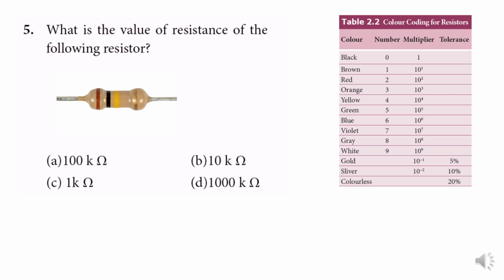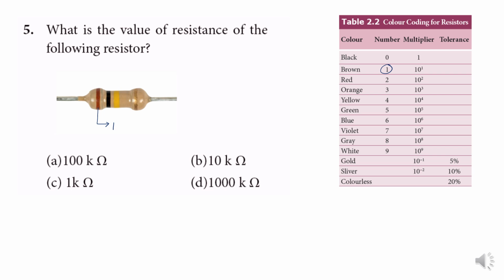Question number 5. The concept is similar to the previous problem, but here the color rings are given and you are asked to find the resistance value of the following resistance. So the first color band is brown. Brown corresponds to 1. So the first digit is going to be 1.